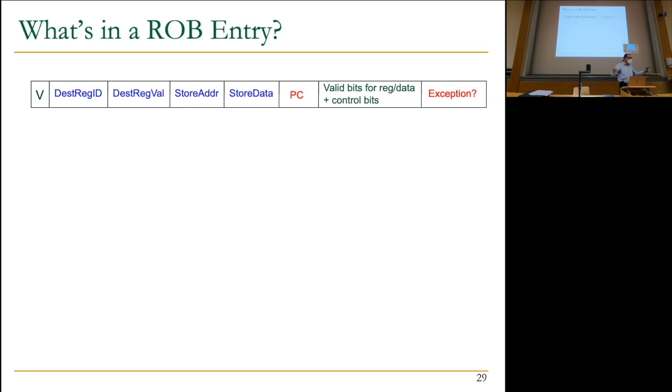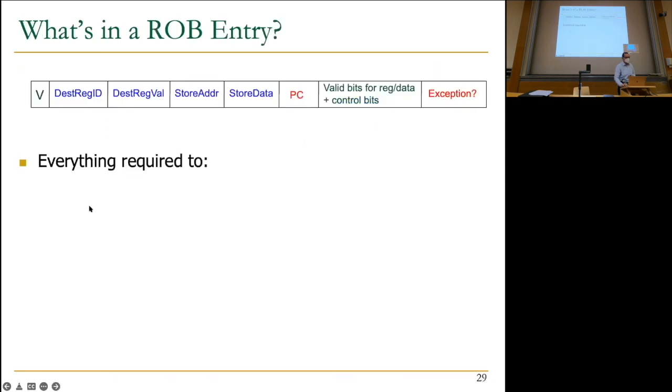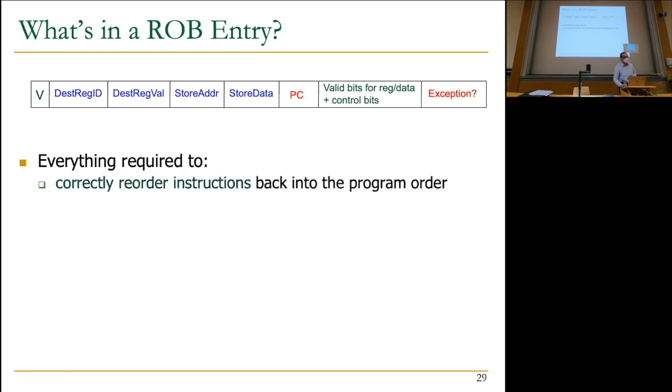Okay, so it's actually more complicated than what we're going to really deal with here. To simplify, we don't show all of these different fields. So basically, the key takeaway is you need everything that's required to correctly reorder instructions back into the program order, that's the sequential order.